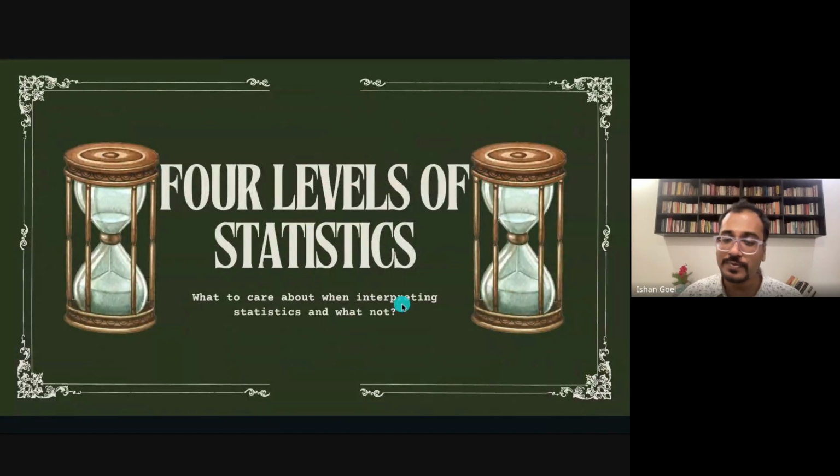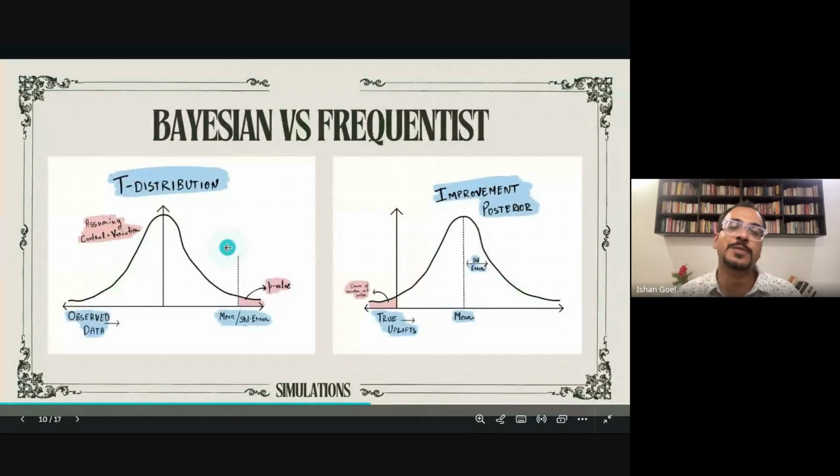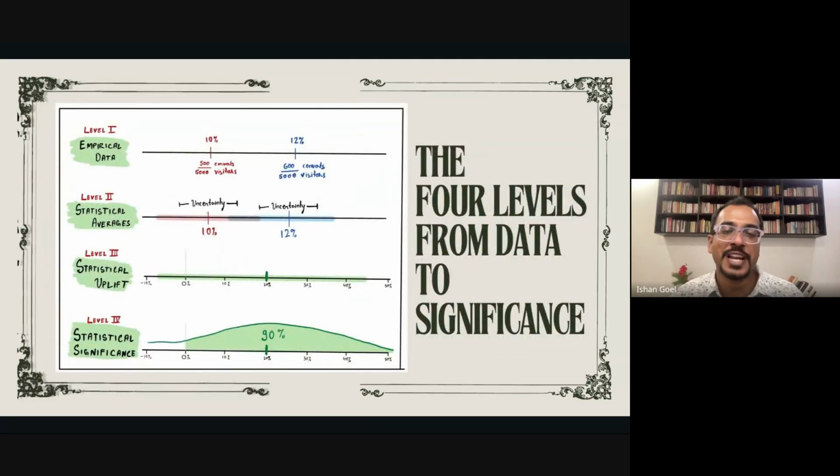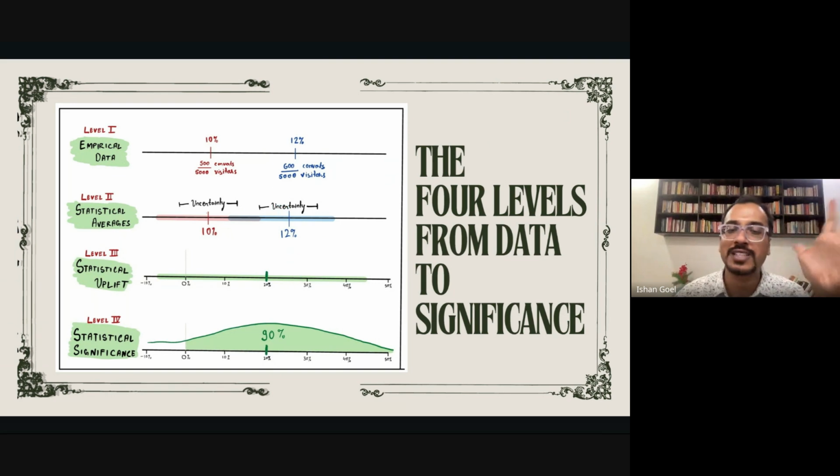So now coming to the 4 levels of statistics, and this is the most interesting part of this webinar. What I'm trying to do here is break down the statistics that you see in your report into 4 logical levels, which has been so hard to understand because of the definition of p-values.